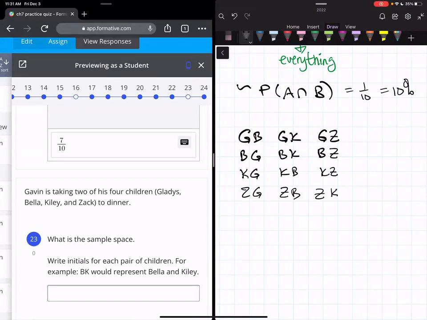Does it matter the order in which he picks the 2 kids that he's having dinner with? So any duplicates don't get included. So GB and BG are the same, so we don't need that one. And then KG is already on our list, and KB is already on our list, so we don't need those. And then Zach is in all of them already, so we don't need any of the extra Zach ones, because Zach already got counted.